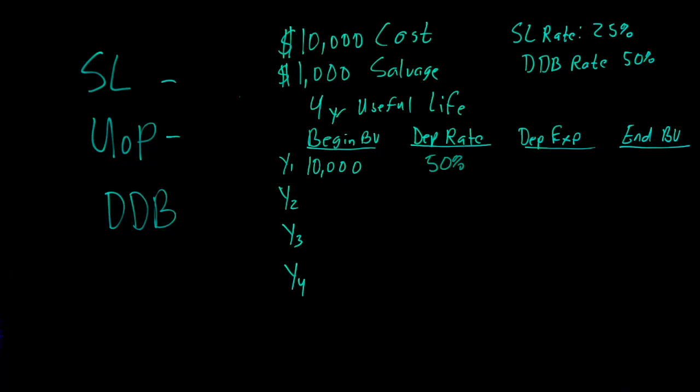So if we take our 10,000 times 50%, our depreciation in year 1 is $5,000. And then if we take our beginning book value less that depreciation, our ending book value is $5,000 at the end of year 1. So if our ending book value at the end of year 1 is $5,000, that means our beginning in year 2 is $5,000.